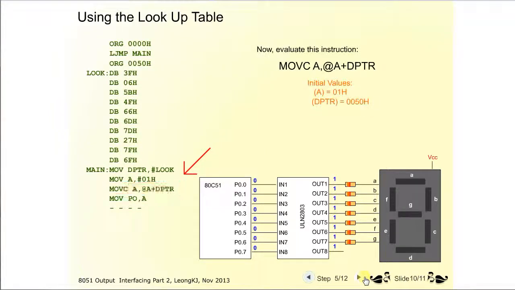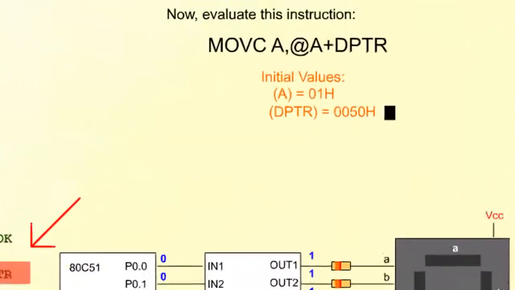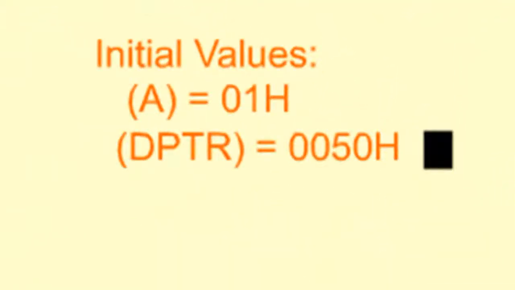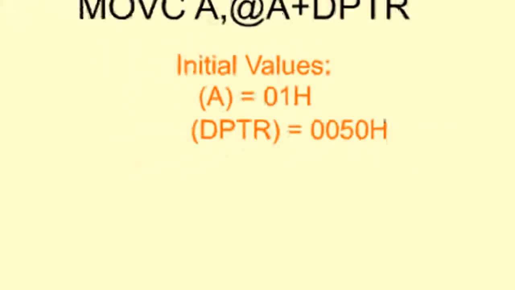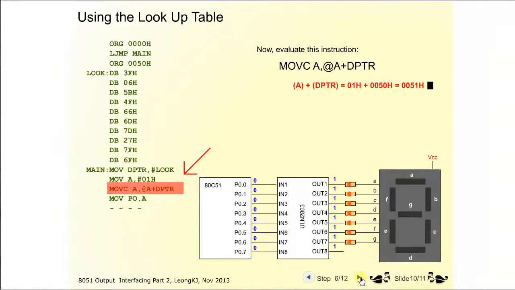Now, evaluate this instruction. The content in the accumulator is 1, and the content in DPTR is 50. Accumulator plus DPTR becomes 51.